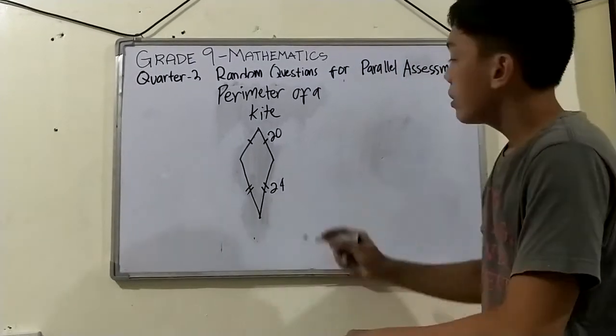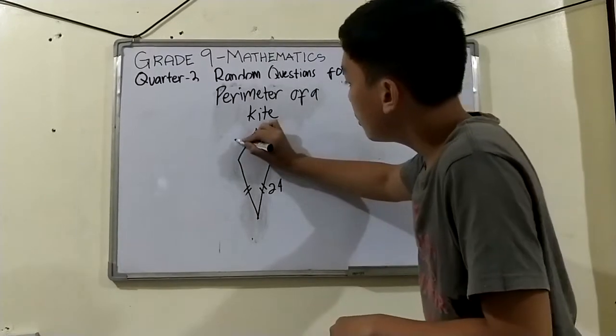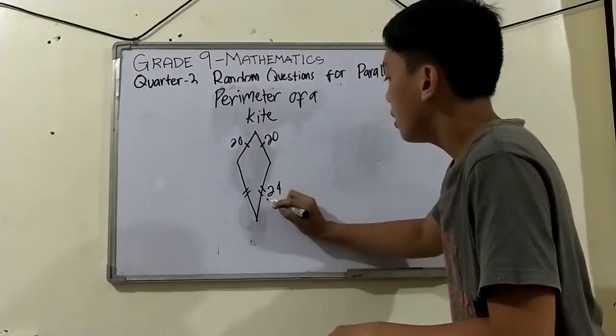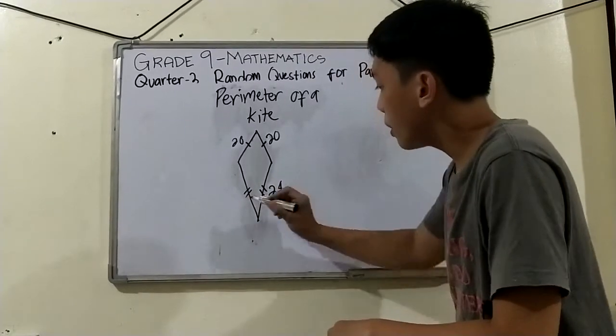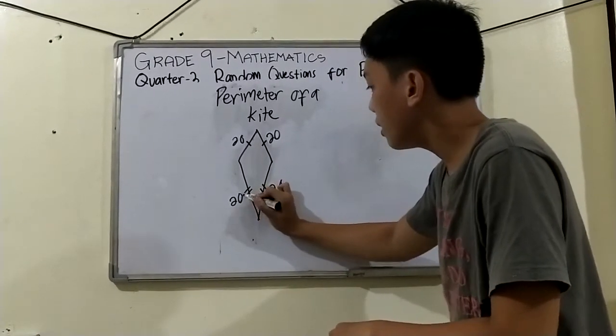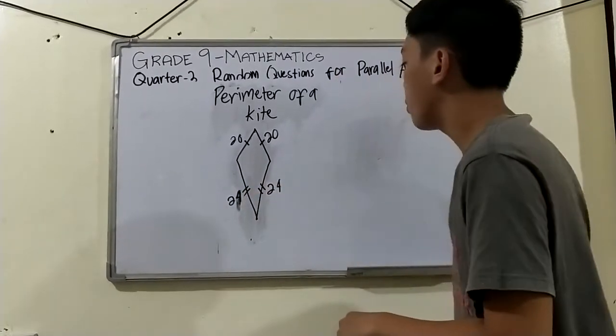Okay? So since the heads are congruent, then it is 20 as well. And these sides are congruent, then this side is 24 as well.